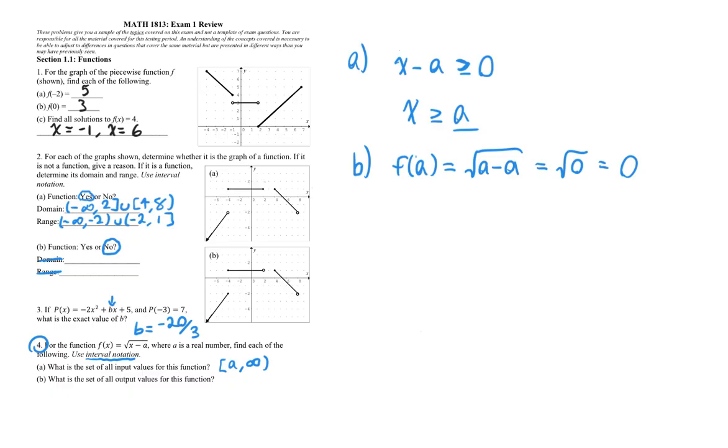So 0 is going to be our lowest value. But we didn't have an upper bound, so we could plug in a super huge number, bigger and bigger numbers, and we'll still get answers out from our function. So once again, we're going to go to infinity.